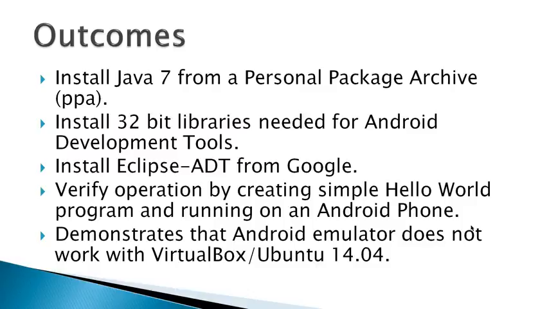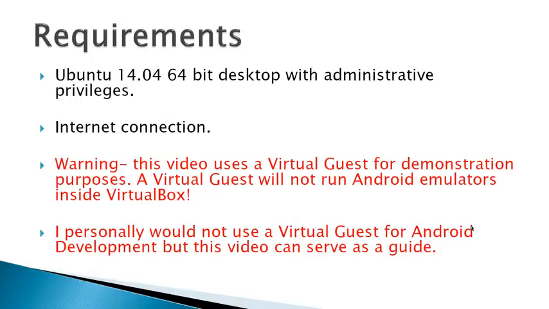And at the end of the video I have a demonstration that the Android emulator does not work with VirtualBox Ubuntu 14.04. That means that Ubuntu 14.04 is running as a guest inside VirtualBox. You can use the rest of the guide for doing a hardware install if this is what you're interested in.